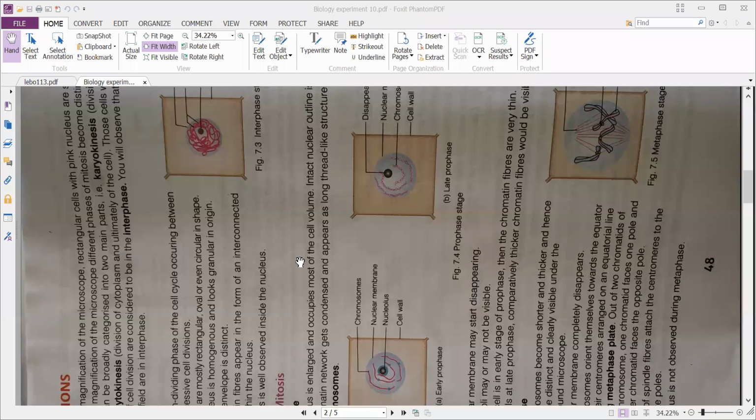Up to 10 experiments you have to complete. On Wednesday, I will check all your records. Understand up to what I have told you? After the class, I will share this experiment.